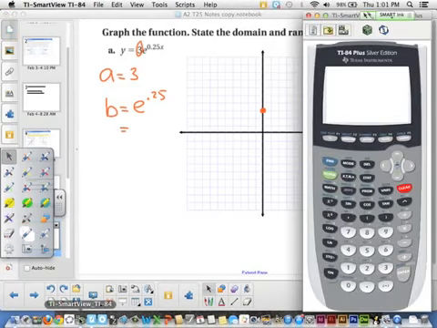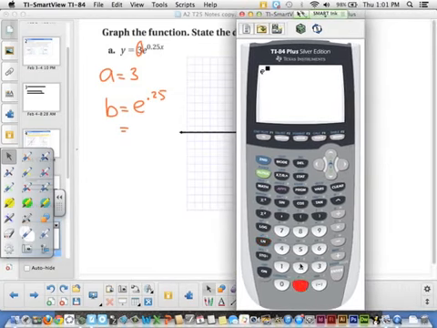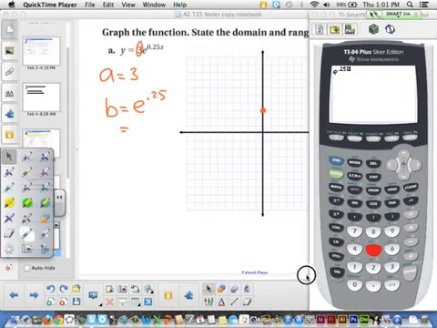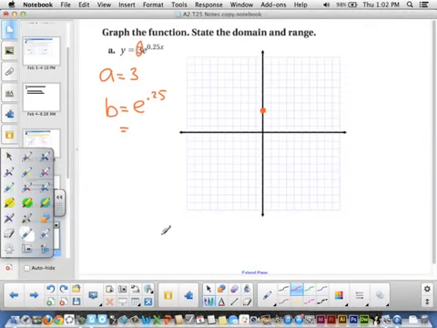So let's approximate that out. E to the 0.25 is 1.28. So our growth factor is 1.28.